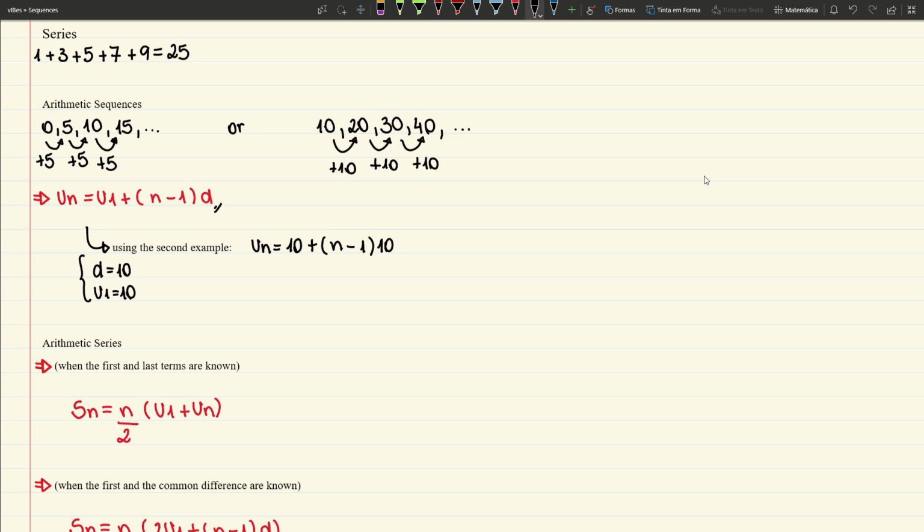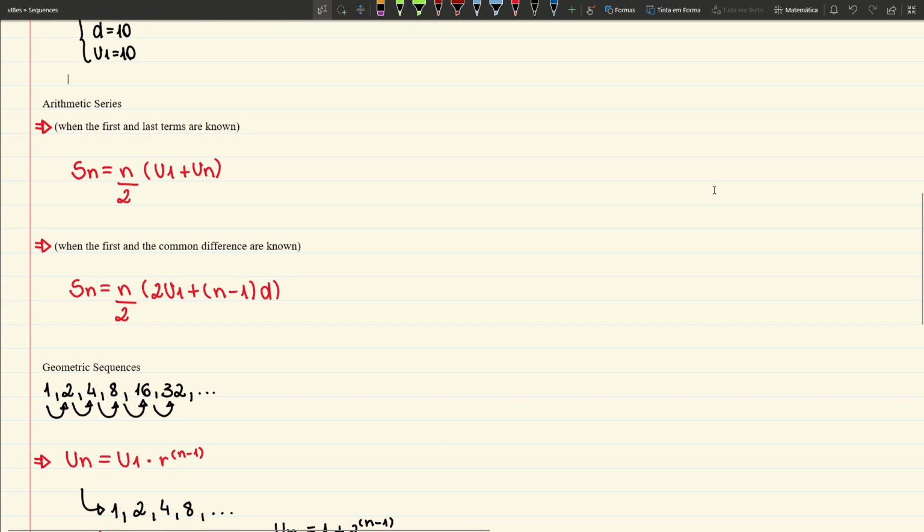If we want to find an arithmetic series, there are two different formulas to do that. The first one is if we know the first and the last terms of the sum. The formula is Sn is equal to n times (U1 plus Un) divided by 2.